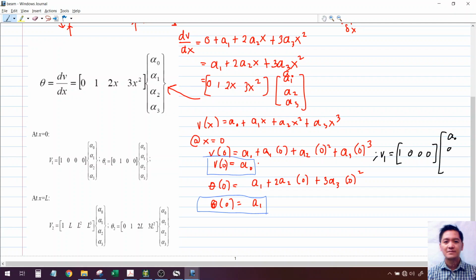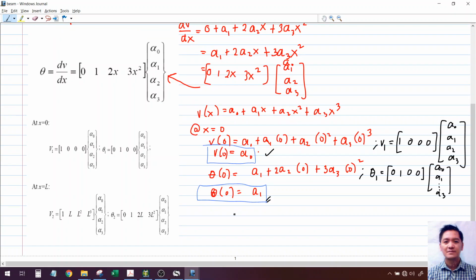Okay, alpha naught, alpha 1, alpha 2, alpha 3. 1 times alpha naught, alpha naught. The rest are 0. Now, theta 1, alpha 1 lang ang may value, so si alpha 1 lang ang may 1: 0, 1, 0, 0.